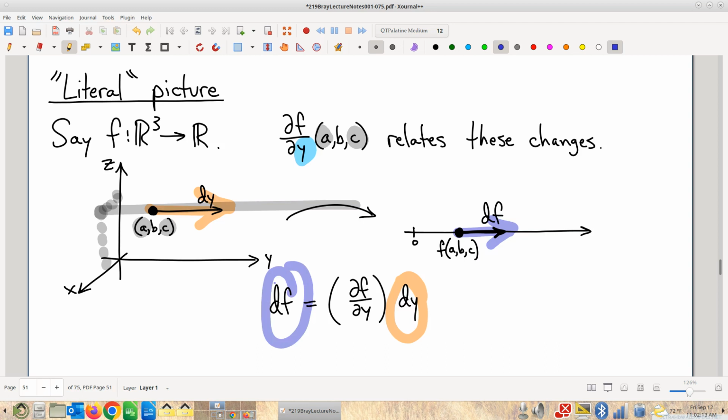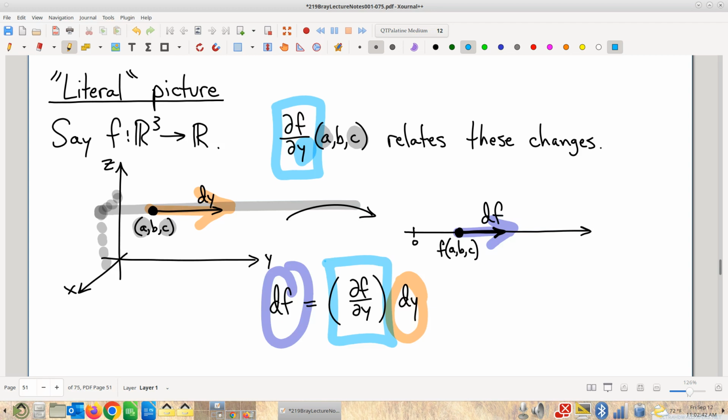And what's the relationship between input changes and output changes? And again, that flashbacks to what I just said at the start of this section, but hopefully also flashbacks to what you remember from single variable calculus. A derivative is what you multiply by input changes to get output changes. Does that ring a bell? Everybody remembers that one? So that'd be my take here, right? If you want to know on this literal picture, how do I think about a partial derivative?